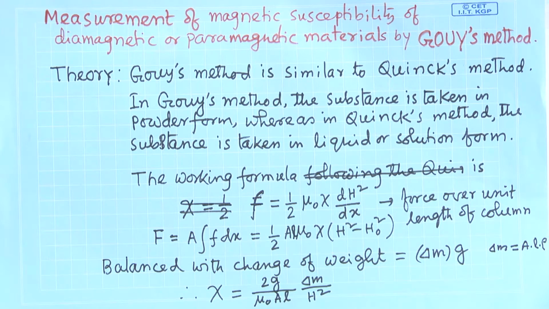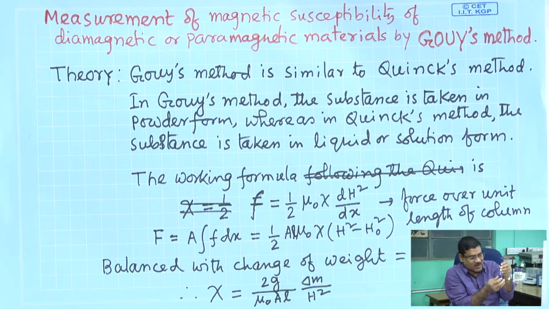Because of this force, the sample weight: the weight comes from the gravitational force, mg, which is downward. So the weight and this force are comparable.